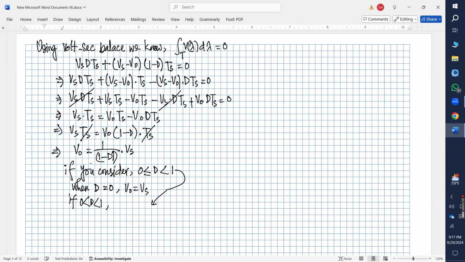The output is greater than V source as the D value increases, but it is less than 1. So what is happening? Sorry, if you put the D value, suppose we are considering D equals 0.5, then what will happen?